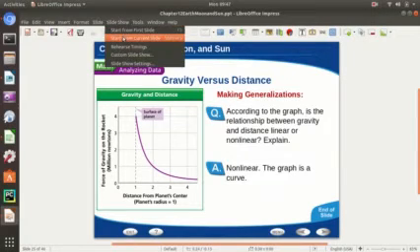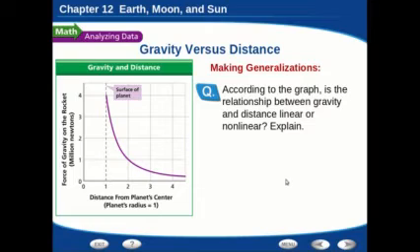All right, guys. So a linear relationship in real life would be something like if the rocket is 1 radius away, and when it increases its distance by 1, like say it went 1 additional radius away from the center of the planet, its force of gravity dropped by 1 unit.